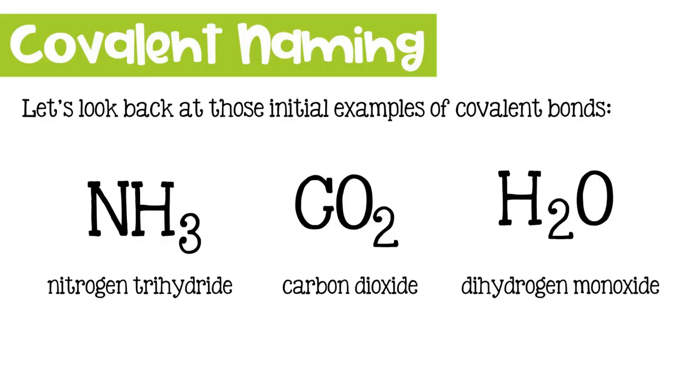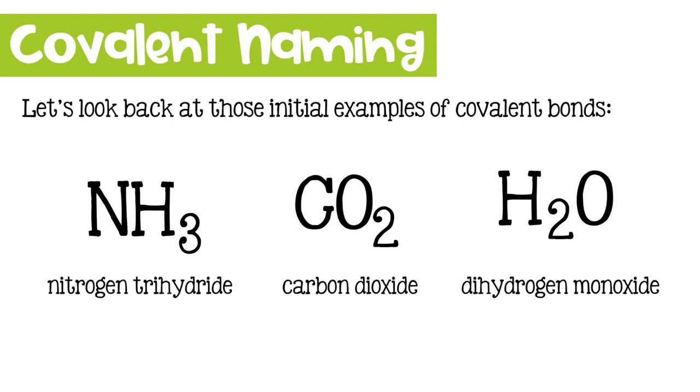Let's look back at those initial examples of covalent bonds. NH3 has 1 nitrogen and 3 hydrogens. So nitrogen trihydride. CO2 is carbon with 2 oxygens, so it's called carbon dioxide.